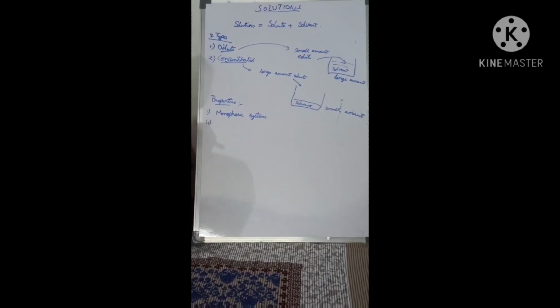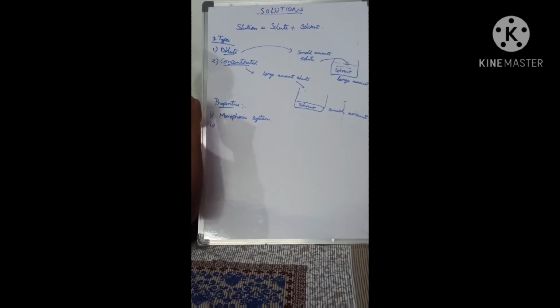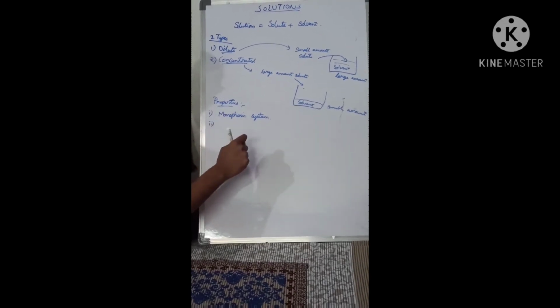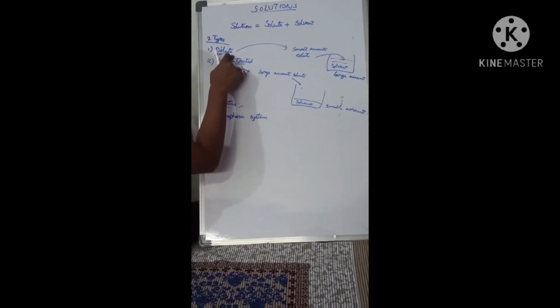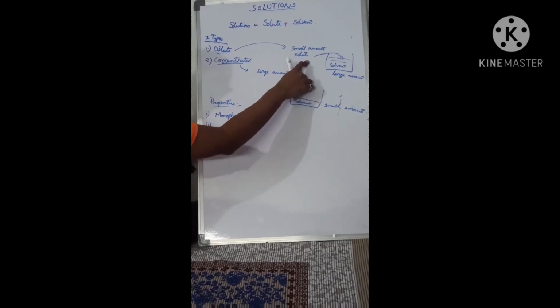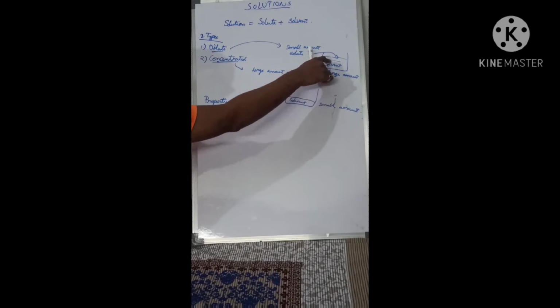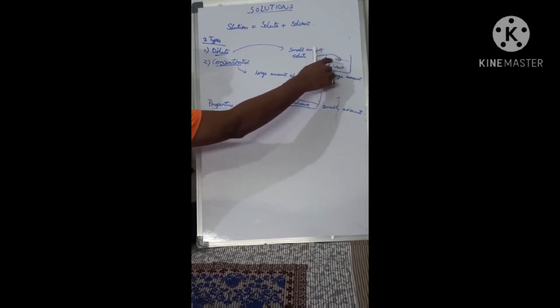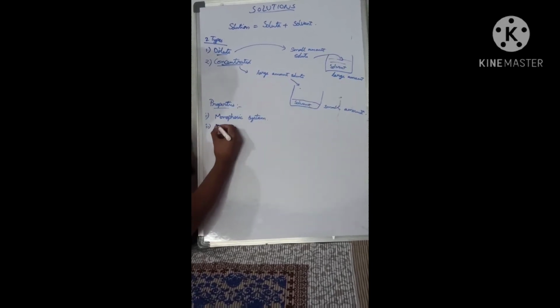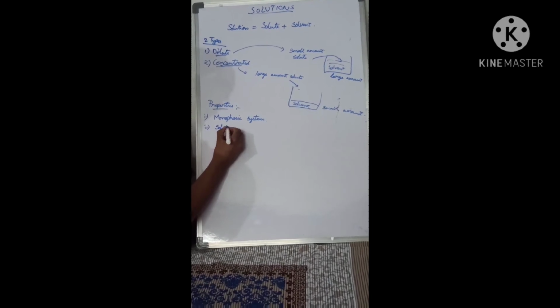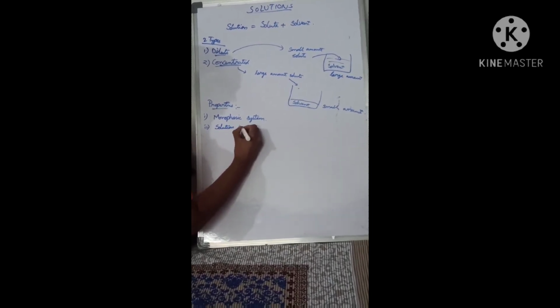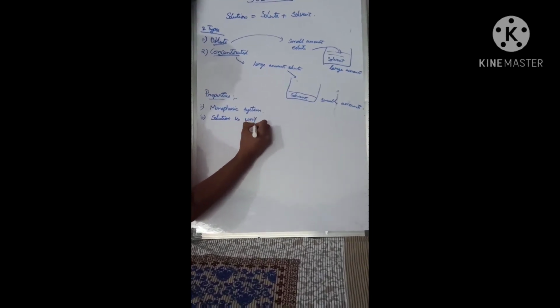And the second main property is that a solution is uniform throughout the mixture. For example, in a dilute solution, the small amount of solute mixed in the large amount of solvent is spread uniformly throughout the solvent. So, the solution is uniform throughout the mixture.